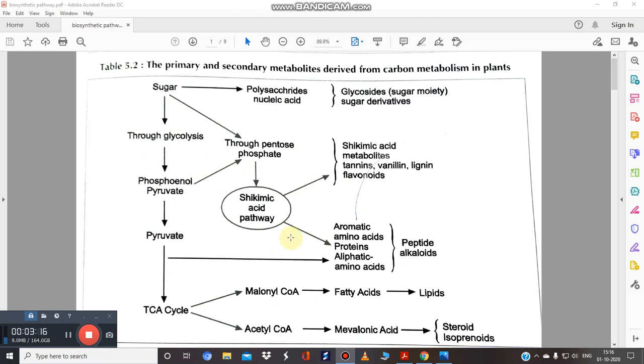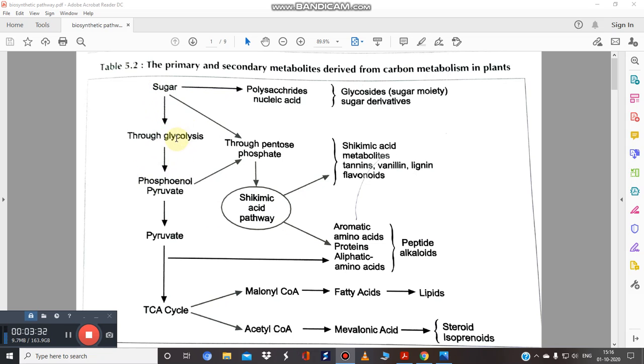So this diagram will just give an overview of how these metabolites are basically generated or produced or biosynthesized. We will use the word biosynthesized in the plant. Just see here again, sugar through glycolysis.